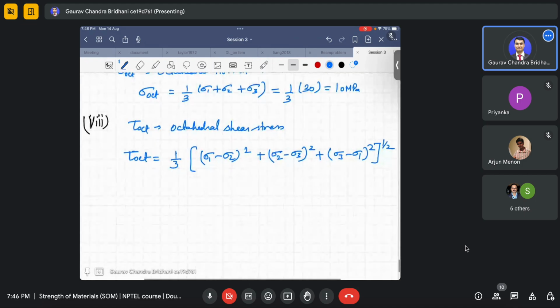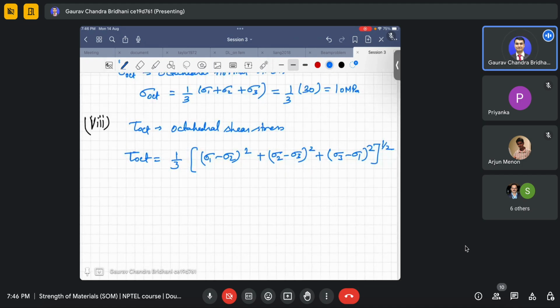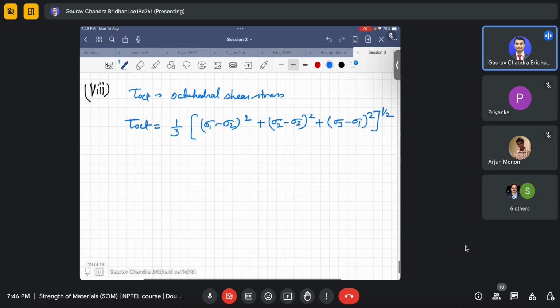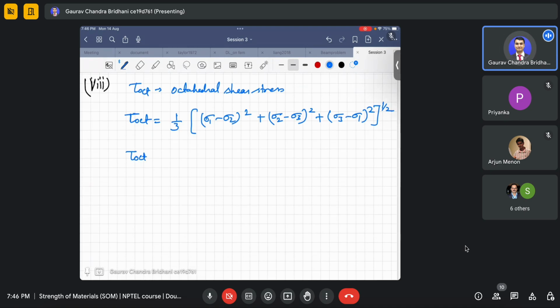We know the values: sigma 1 is 30, and sigma 2 and sigma 3 are 0. So 30 square plus 0 square plus 30 square, the minus sign goes away since the square is positive.